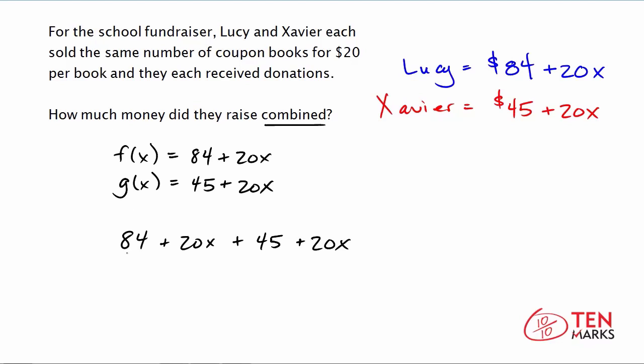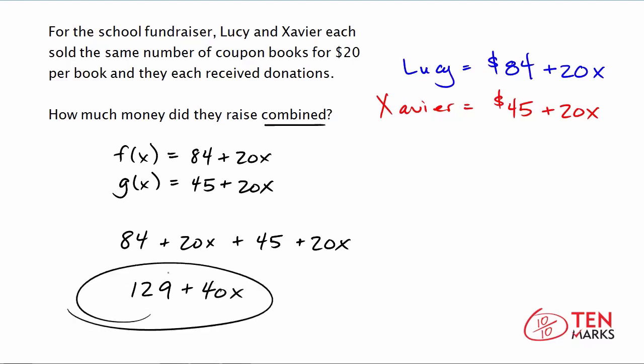You've got the two constants here, 84 and 45, and then you've got the variables of 20x plus 20x. 84 plus 45 is a total of 129. 20x plus 20x is a total of 40x. So that means altogether they raised 129 plus 40x.